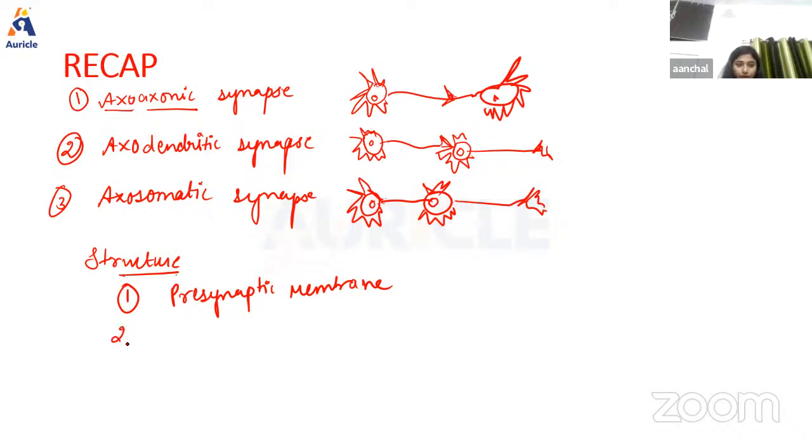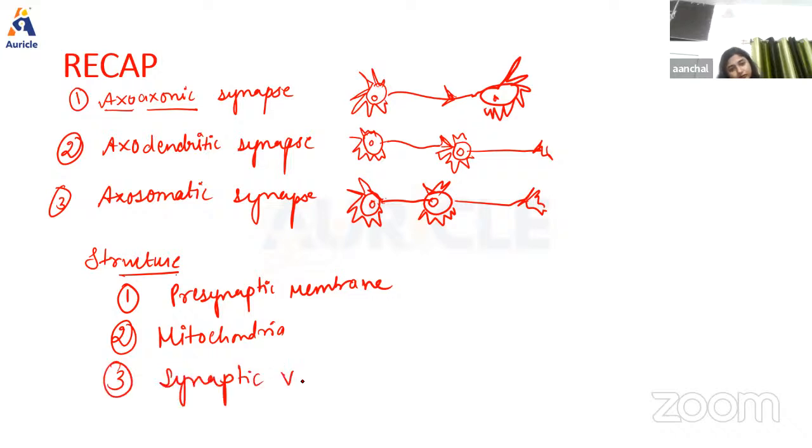Then also we have mitochondria. What is the function of mitochondria? It helps in the synthesis of neurotransmitter substances, right? And also we have synaptic vesicles. What are synaptic vesicles? They store neurotransmitter, a very important substance, for example, acetylcholine.